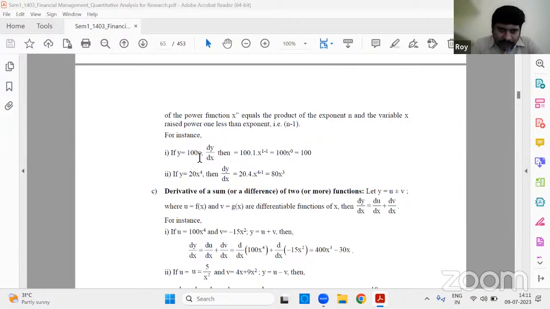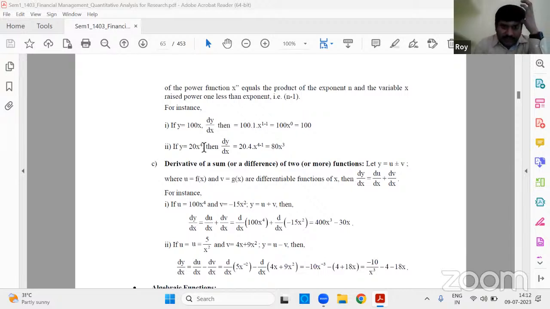So 1 into x power 1 minus 1, and x power 0 is equal to 1. Actually, the derivative of x will be 1 all the time, but for your understanding, x has a default power of 1. As per the above formula, based on that, 100 into 1 into x power 1 minus 1, x power 0 is equal to 1. 100 into 1 is equal to 100. Simple.